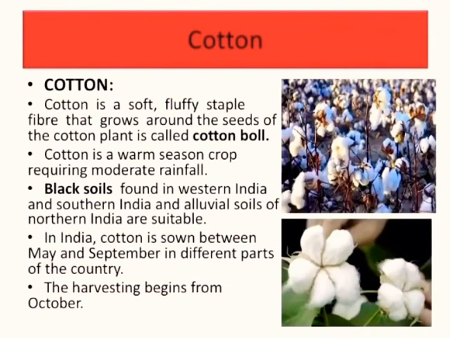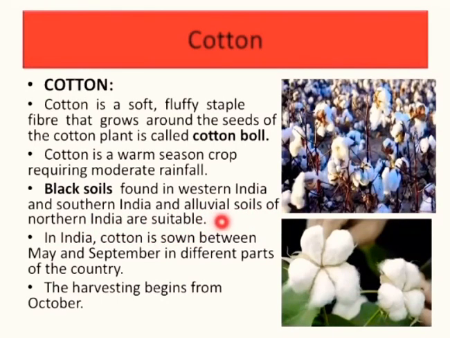Now, first of all, let's study cotton. Cotton is a soft, fluffy staple fiber that grows around the seeds of the cotton plant, called the cotton ball. Cotton is a warm season crop requiring moderate rainfall. Black soils found in western India and southern India, and alluvial soils of northern India are suitable.